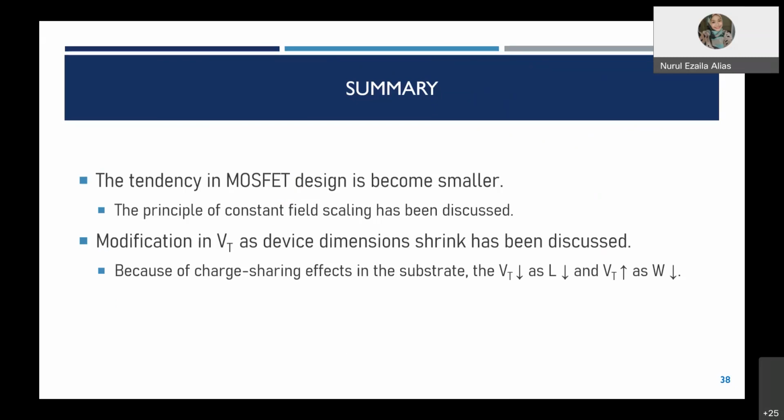Other than that, the tendency in MOSFET design is to become smaller. So the principle of constant speed scaling effect has been discussed, and also the modification in threshold voltage as the device dimension shrinks has been discussed, in terms of W and also in terms of L.